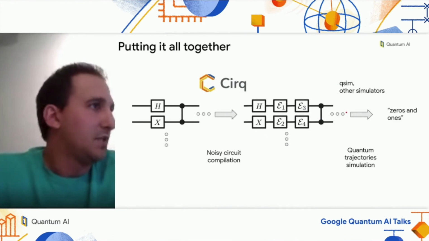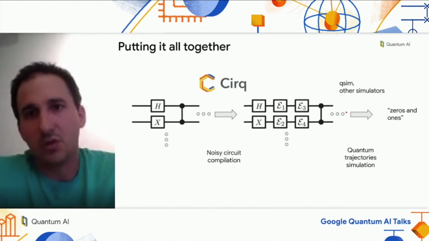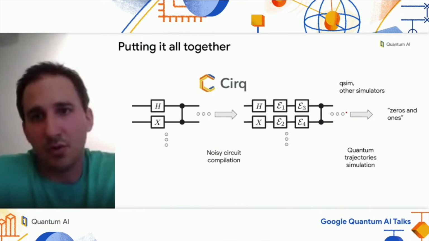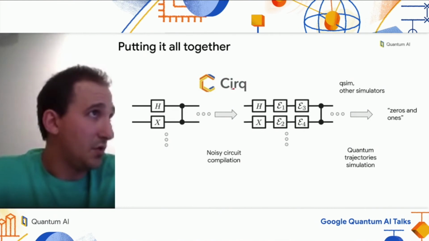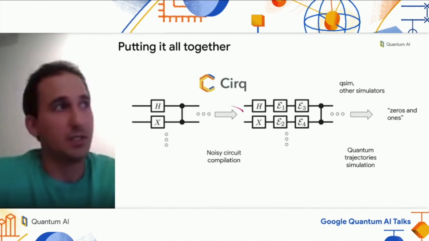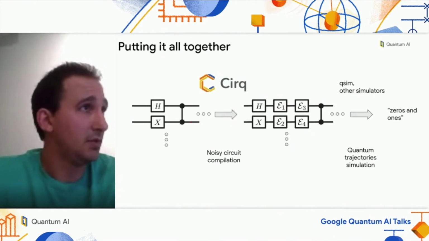Let me give a quick summary of how we can put all this together for the quantum simulation. Google has spent a lot of time developing both open source and internal libraries for doing the work that I've just described. On the level of quantum circuits, there's the Cirq library that can efficiently represent these operations, and also has some logic baked in to add this noise to the circuits.